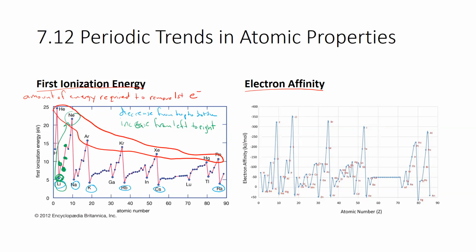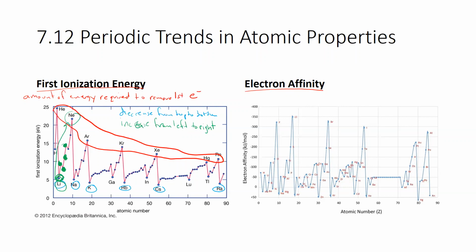You'll notice that there are little jagged steps where you have either a fully filled shell, so it takes more energy to pull an electron from a fully filled energy level or orbital, or you have a half-filled shell. So here is boron, then carbon, then nitrogen, and nitrogen has a half-filled set of p orbitals.